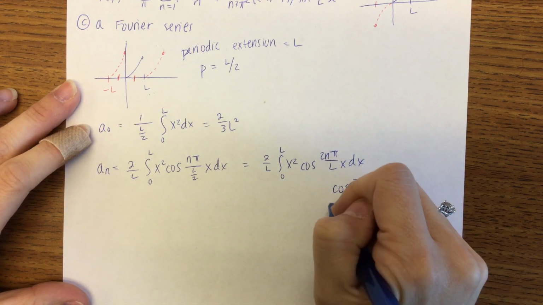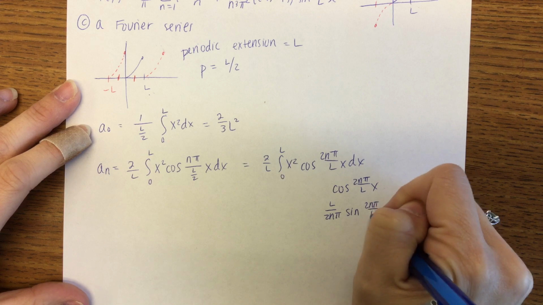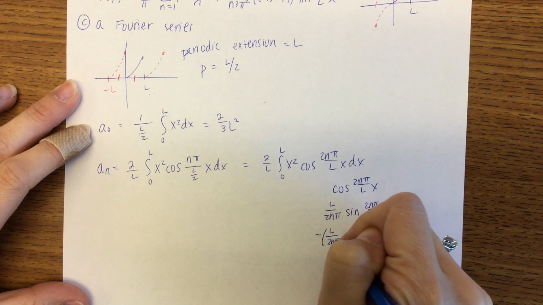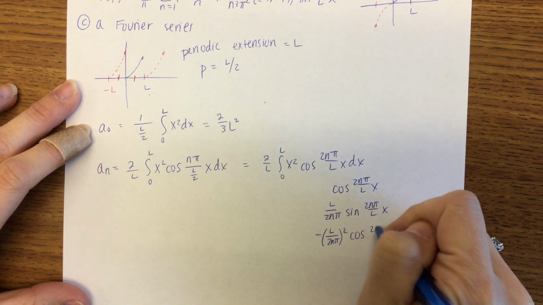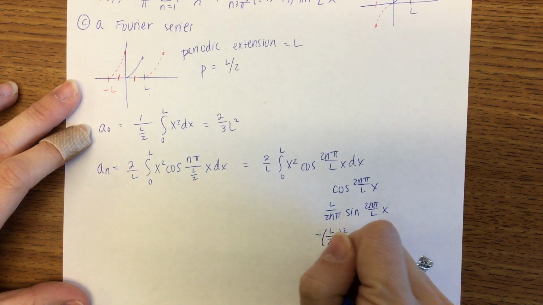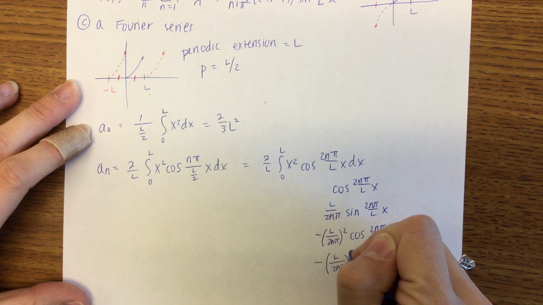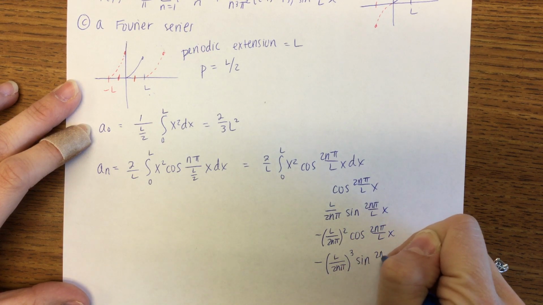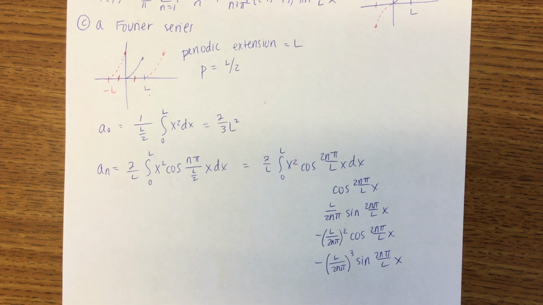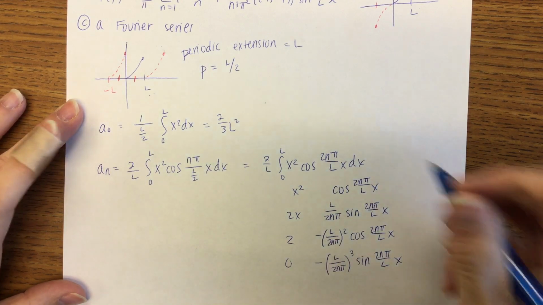If I integrate that, I'm going to have L over 2n pi sine of 2n pi over Lx, and negative L over 2n pi squared cosine of 2n pi over Lx. I think I'm going to have to go one more time. So negative L over 2n pi cubed sine of 2n pi over Lx. So this will be x squared, 2x, 2, and 0.